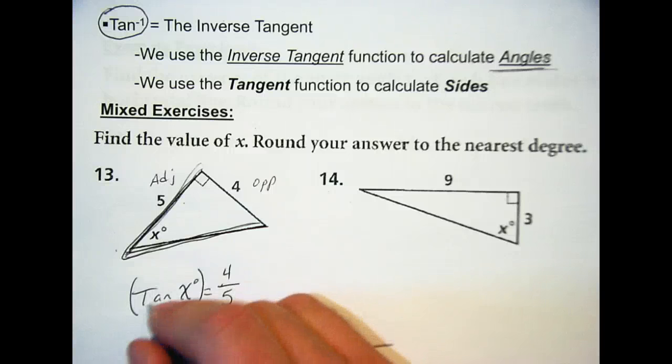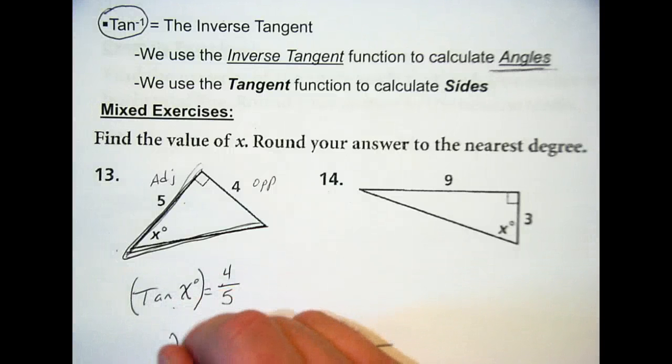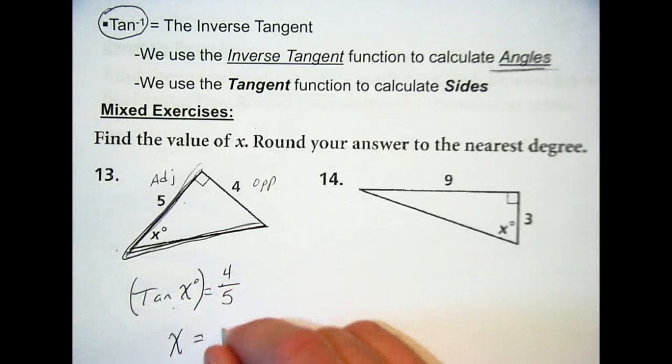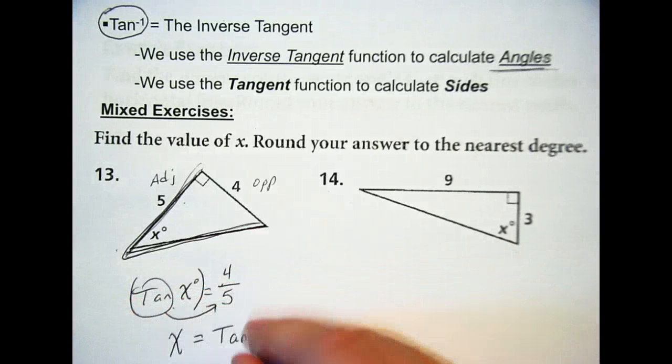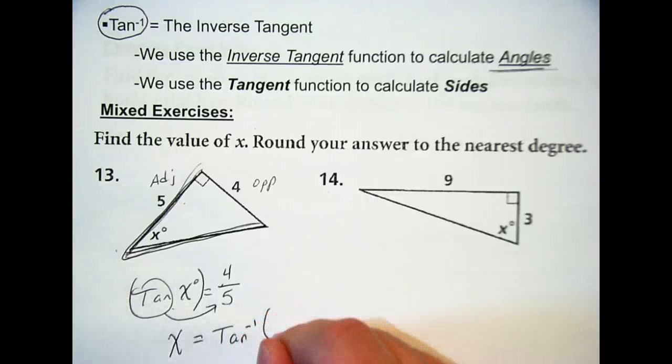So to get tan out of here, so we just have x, we take the inverse tangent of the other side. When we move tangent over to this side, you get inverse tangent. You're taking the inverse tangent of 4 over 5.